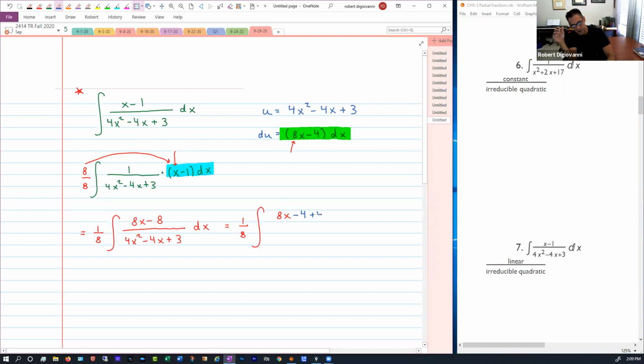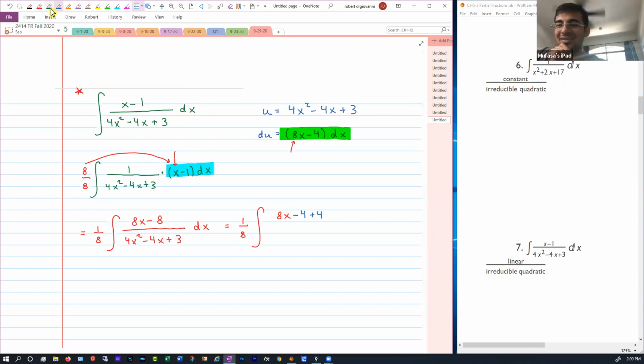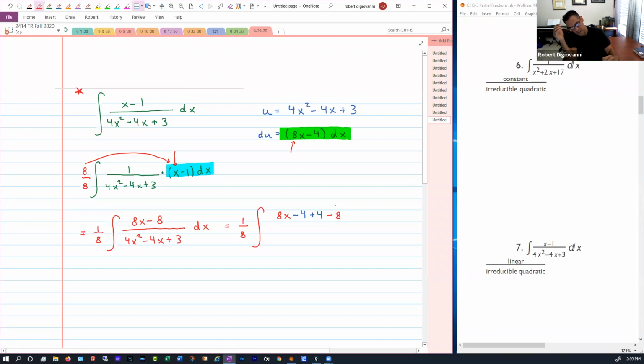So guess what that is? It's a hidden 0, isn't it? Okay, now what was still up there? Still sitting next to that is -8, isn't it? All over 4x squared minus 4x plus 3 dx.